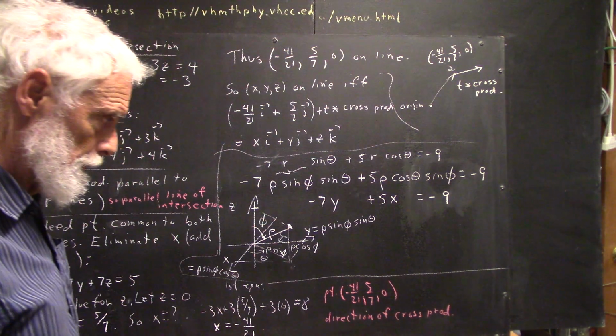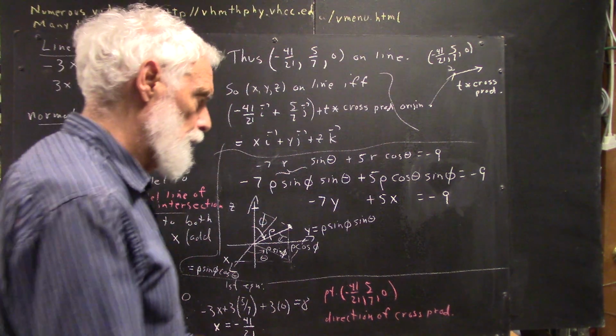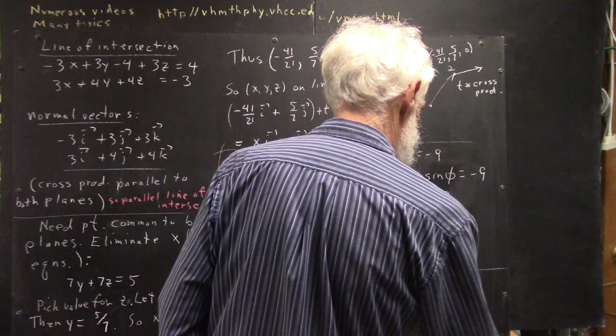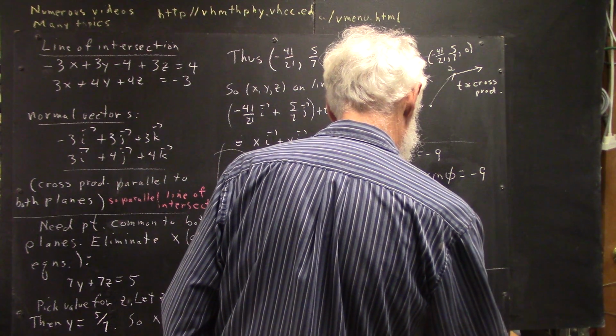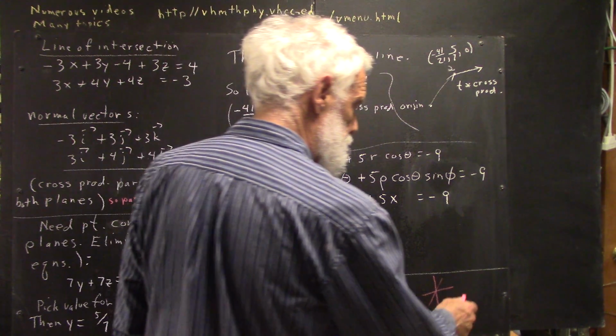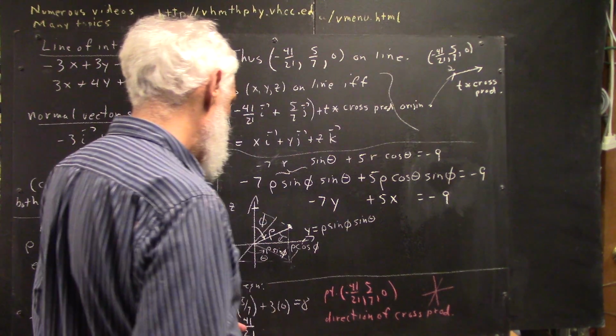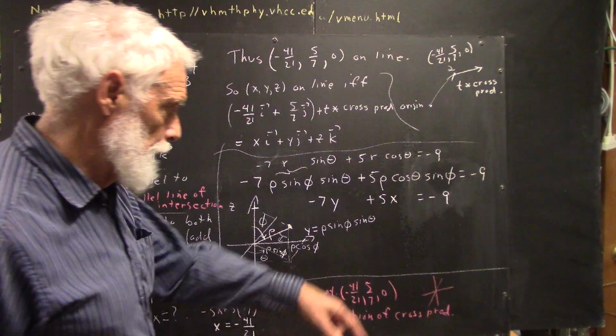But let me depict it. Okay, here's a coordinate system, and let's take our point: negative 41 over 21, 5/7, 0.